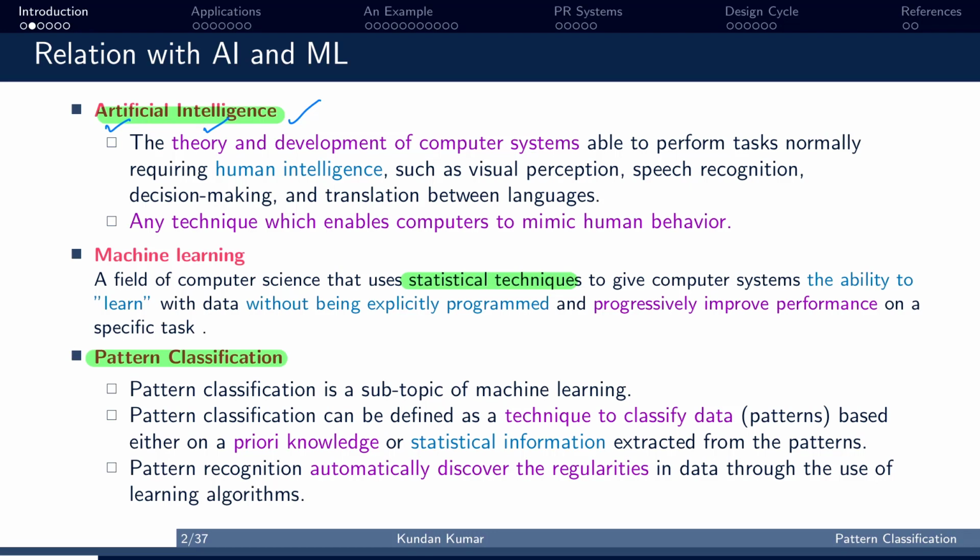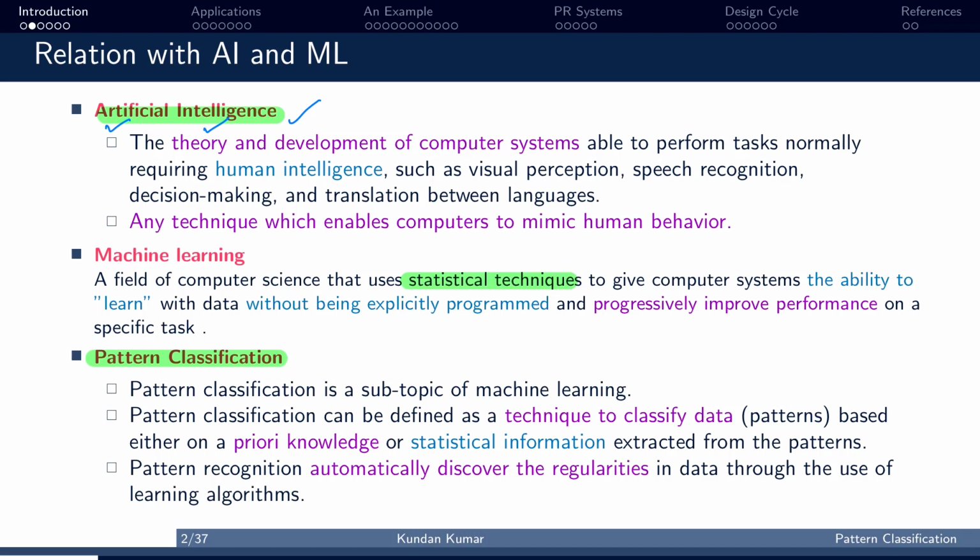Here we deal with feature extraction as well. So pattern classification is a subset of machine learning, but machine learning does not deal with feature engineering whereas pattern classification does. It deals with the features. Also, pattern classification discovers the regularities in the data through the use of learning algorithms.